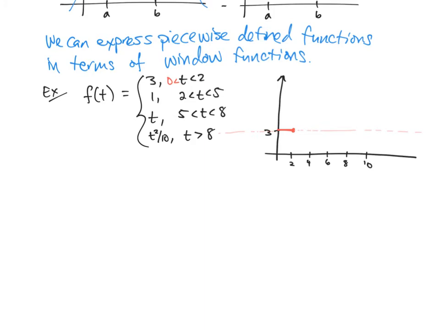The next part is the constant function 1, and again we have faded out all the parts that aren't between t equals 2 and t equals 5. Then the next part is the function f of t equals t that we only care about between t equals 5 and t equals 8. And then the last part is this parabola.